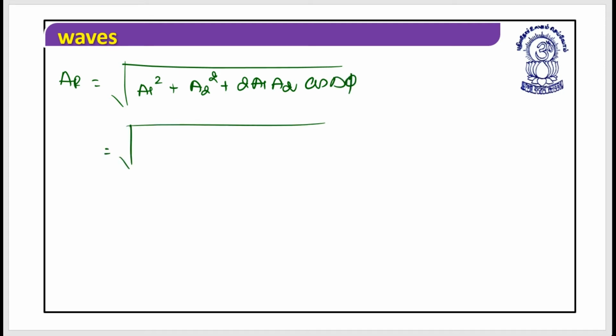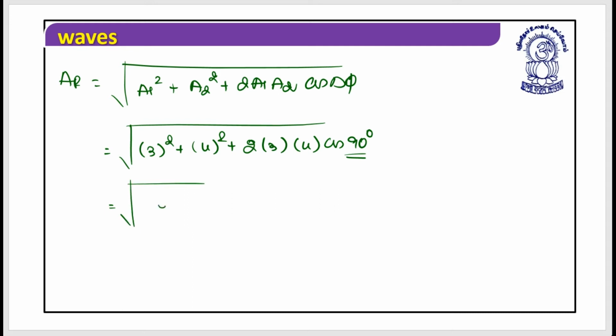So this is equal to the root of 3 square plus 4 square plus 2 into 3 into 4 into cos of 90 degree. When it is cos 90 degree, this is equal to 9 plus 16, which is root of 25, which will be 5. This is the resulting amplitude. I hope this is clear.